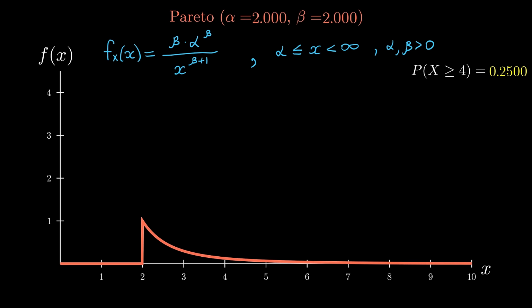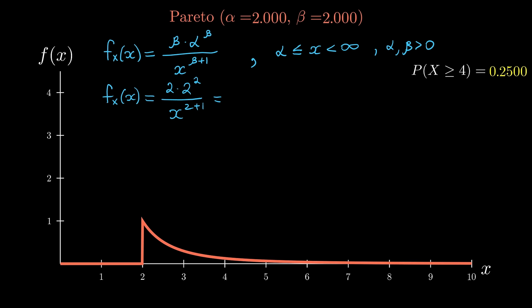Okay, we've written down the PDF for this entire family of distributions, and now let's look at a particular member of this distribution, the one with alpha and beta both equal to 2. So let's just replace beta with 2 and alpha with 2, so we have 2 times 2 to the power of 2 over x to the power of 2 plus 1.